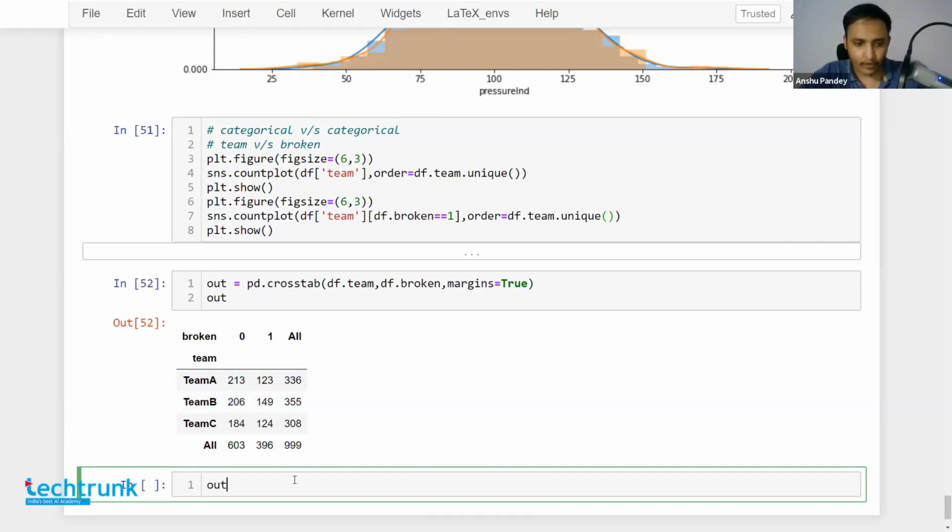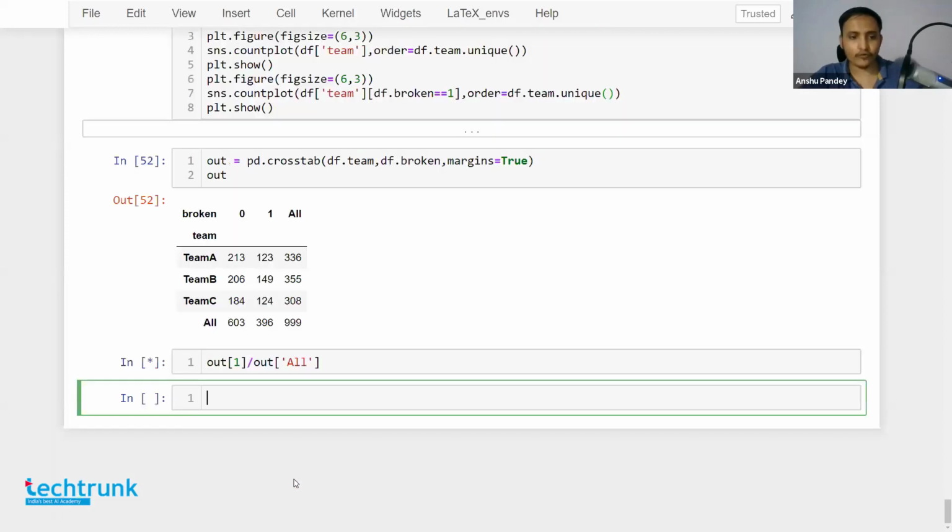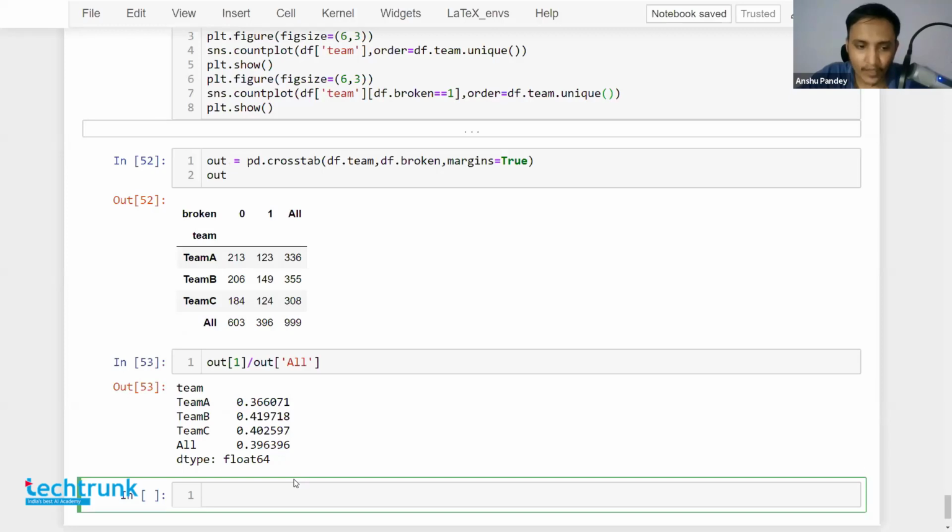To look at the probability or percentage, we can simply say out of 1 divided by out of all, right? So to look at the percentage of damaged machines by team ABC. As you can see, for team A, the damage percentage is the least, which is a little higher for team B and team C. That means the way team A is managing the machines is a little better compared to the kind of care team B and team C take, but there's no huge difference.